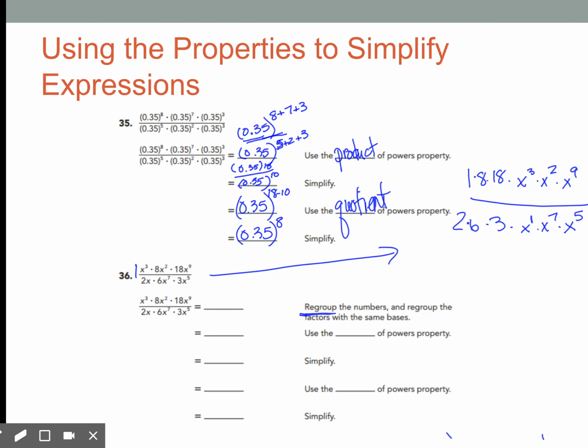My next step after regrouping is to use that product of powers. So first I'm going to actually multiply my numeric term. 1 times 8, of course, is 8. And then 8 times 18 is 144.